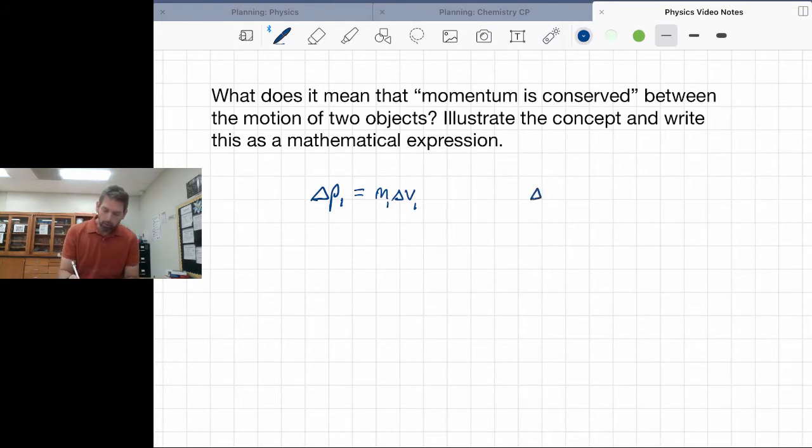Then we have change in momentum of the second object, so it begs reasoning that we would put m with a 2 and velocity with a 2, right? So we get the second mass times the change in the velocity of that second object's mass, right? If it's conserved, what that means is that object 1's momentum equals the momentum of object 2.